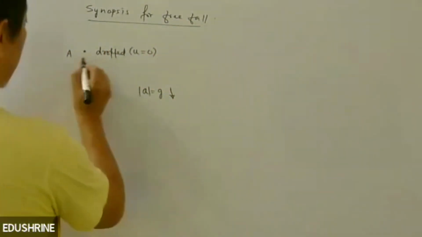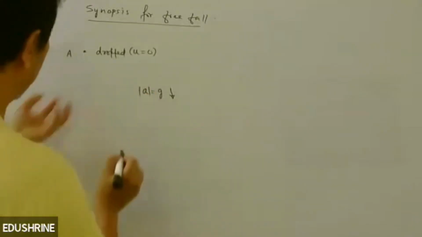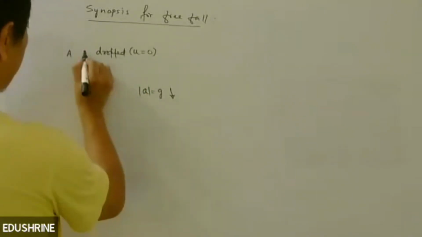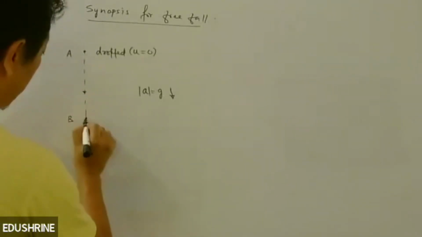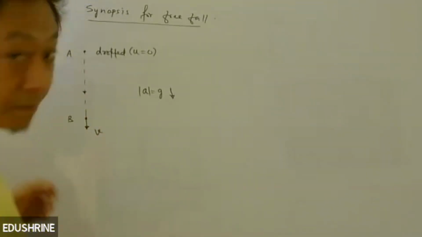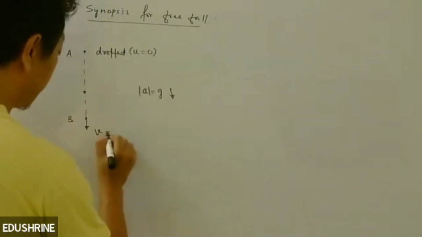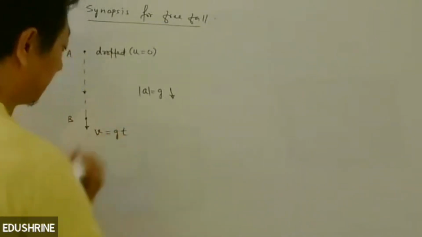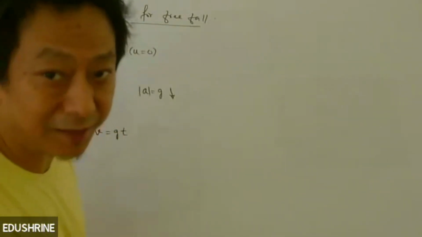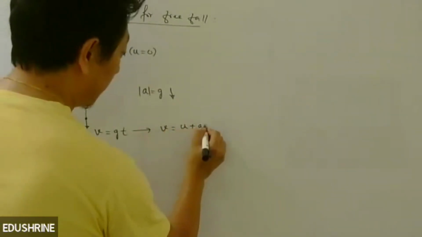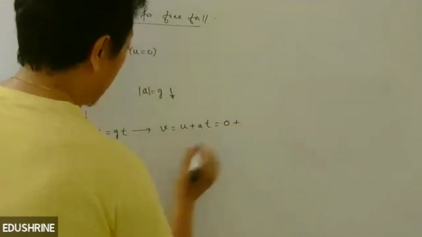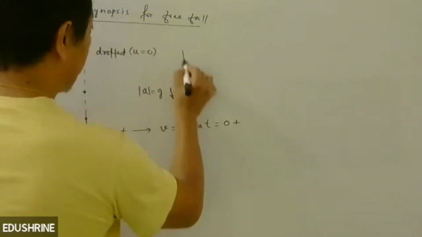So I'm going to drop a ball, and then we know because of acceleration, its velocity will increase. So when it reaches here, A to B, what will be its velocity if I ask? Standard formula, gt. How did it come? v equals u plus at. u is 0. I said I'll take down positive.